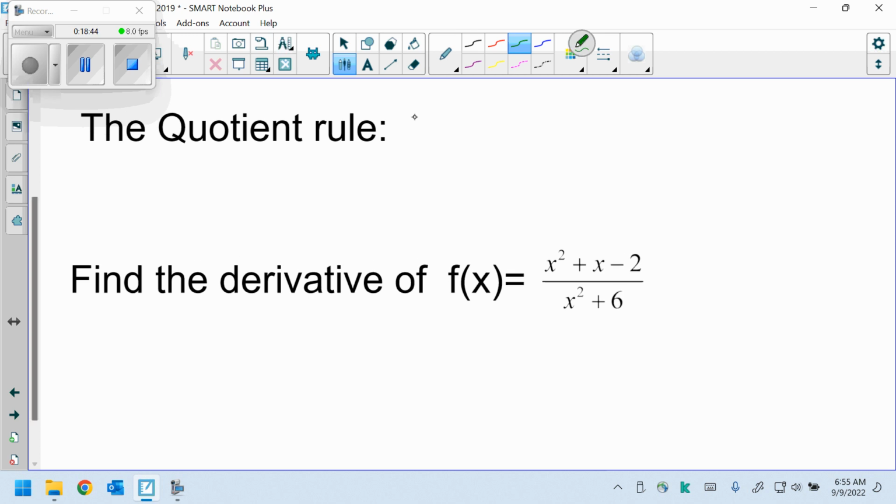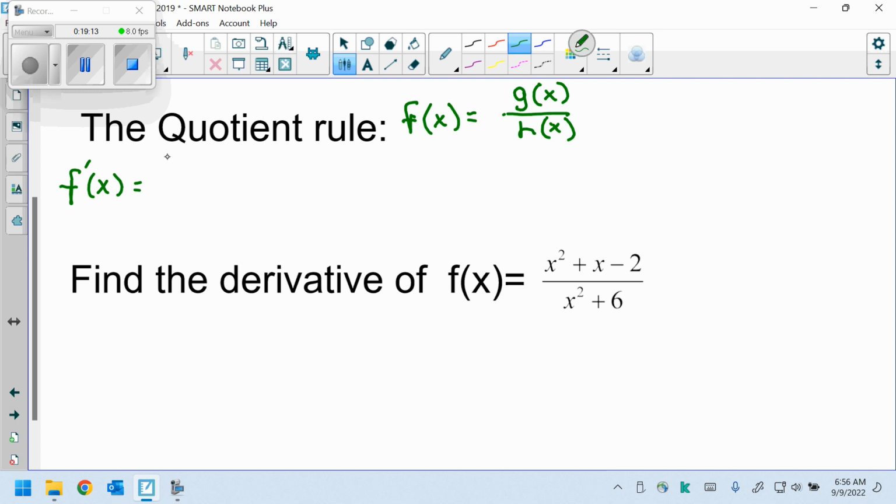If I say that we've got a function f of x equaling maybe g of x over some other function, now the derivative of f of x, f prime of x, is going to be, this is kind of complicated.